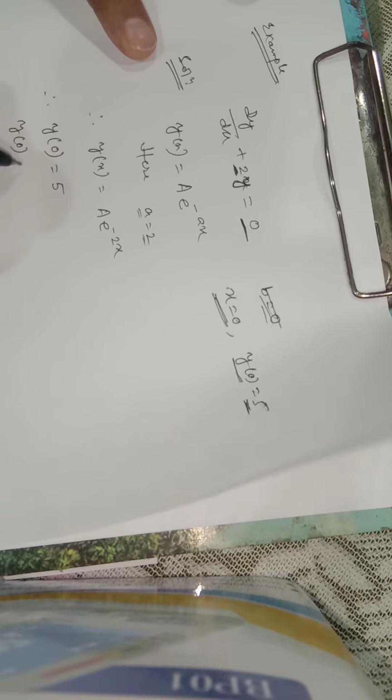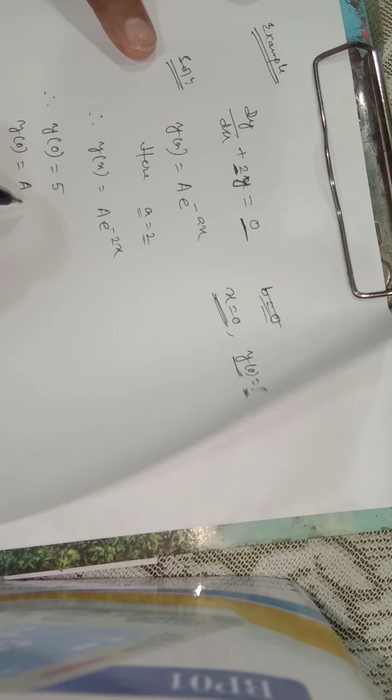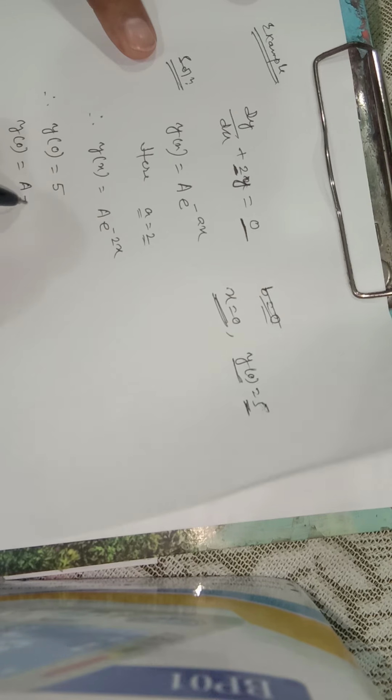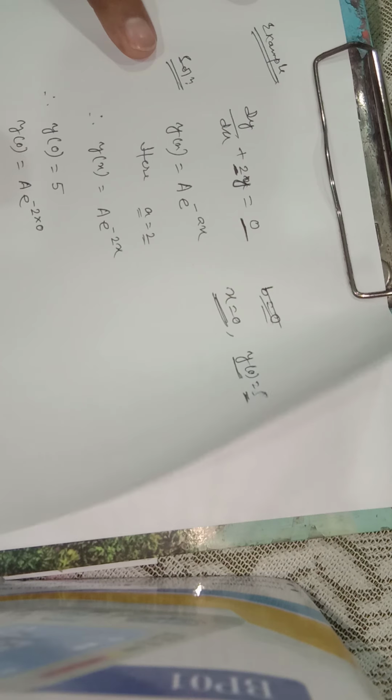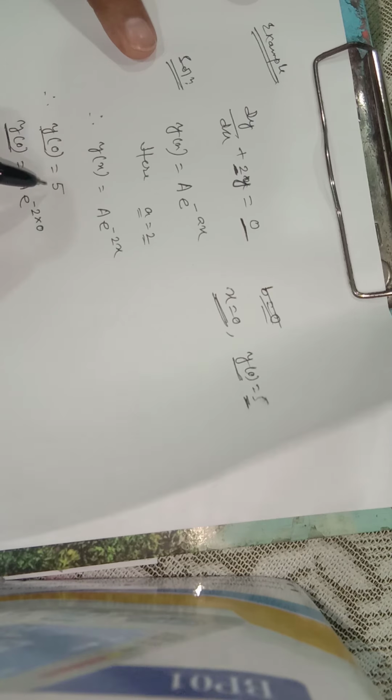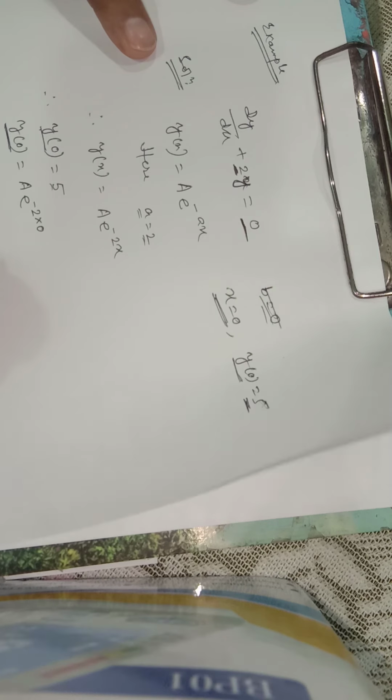So y of 0 is equal to a into e to the power minus 2 into 0.